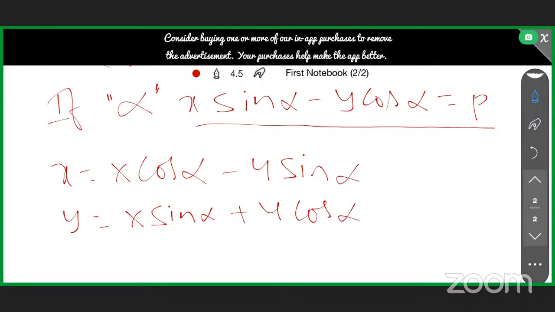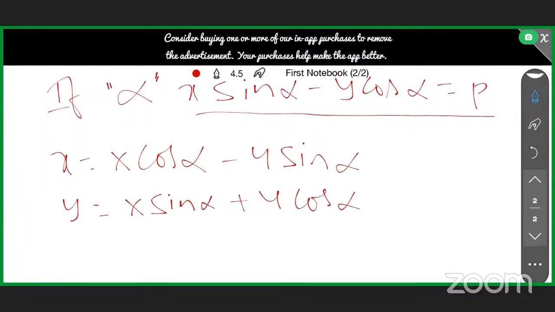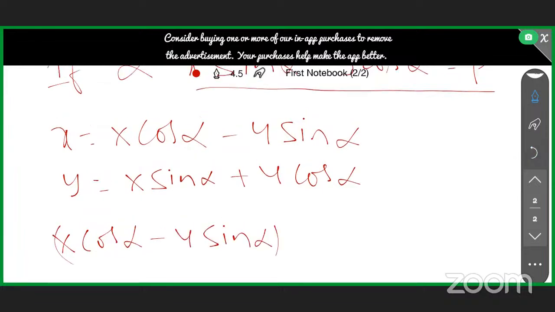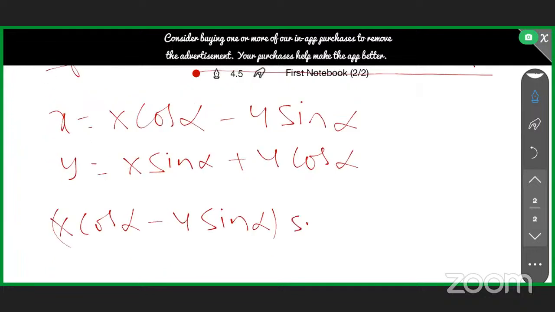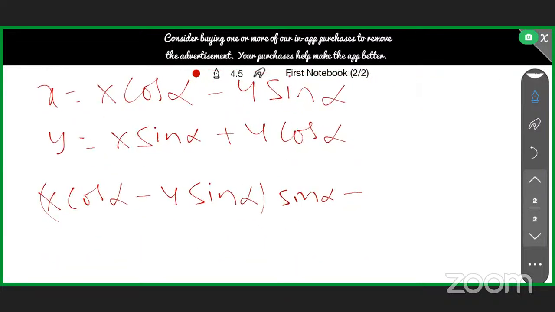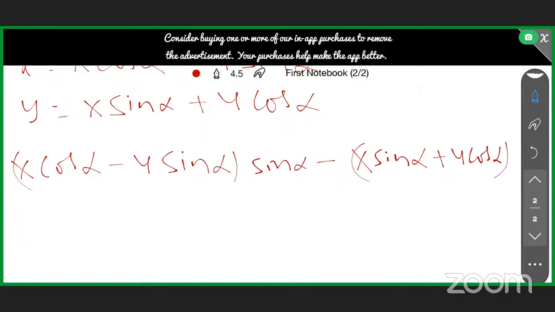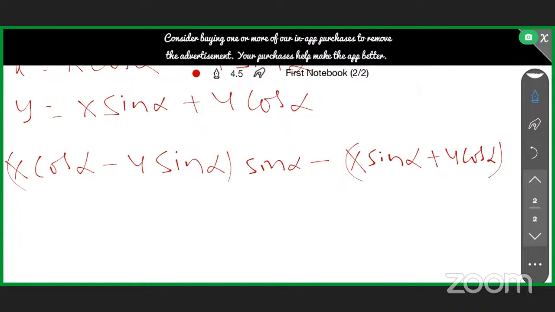Now substitute this value of x and y in the equation, that is x cos alpha minus y sin alpha into sin alpha, minus what is given there, x sin alpha plus y cos alpha into cos alpha, is equal to p.